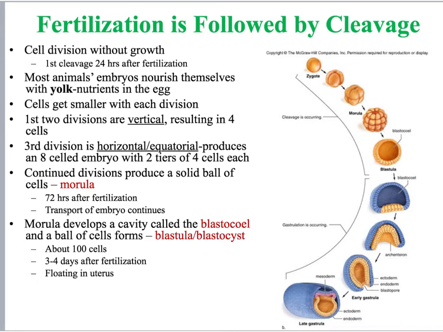And so if it's forming more cells, then each cell gets continually smaller with each division. Now, most animals' embryos nourish themselves with yolk or nutrients in the egg, but humans don't really have much yolk and certainly not enough nutrients for this developing embryo to survive. Instead, the developing human embryo has to survive on cytoplasmic components.